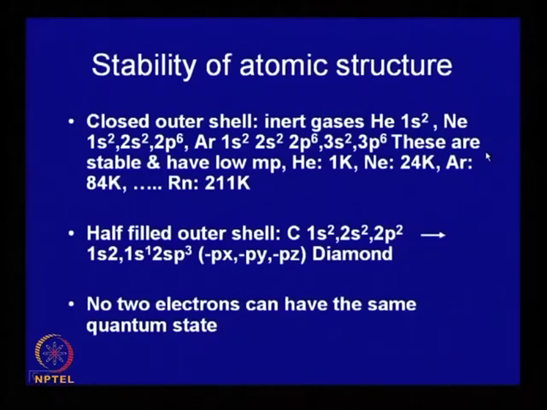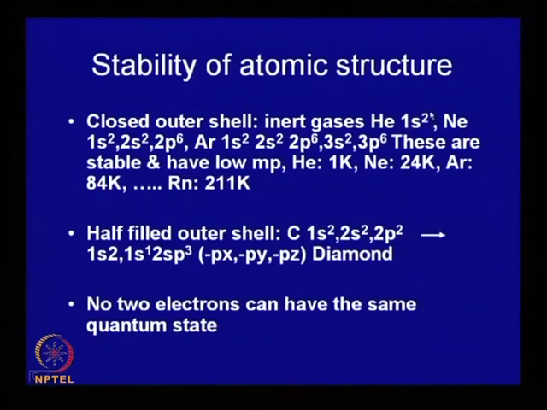And this slide gives some examples of how these shells are filled up. I have taken the cases of inert gases. Say here you have a closed outer shell. If you go back to the previous slide, try to recollect that one S shell has a capacity of 2.